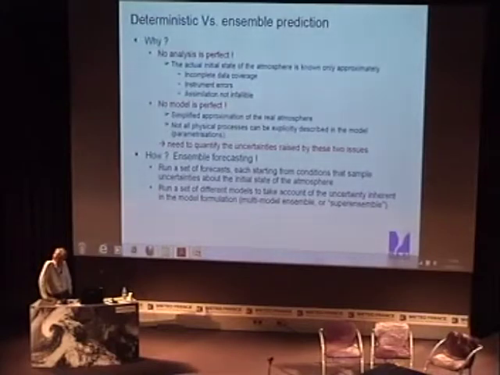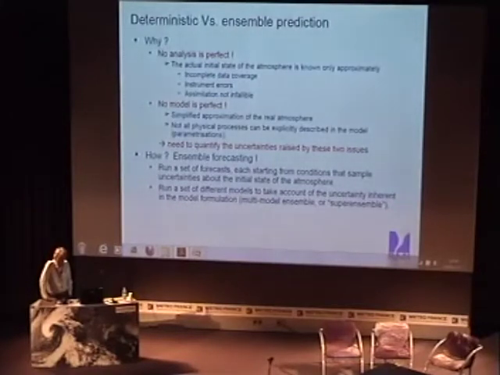We work on grids and discretized models, and not all physical processes can be explicitly described in the model. All this gives way to substantial uncertainties, more particularly in the initial conditions, which are crucial, as you've seen at the beginning, for weather forecasting.